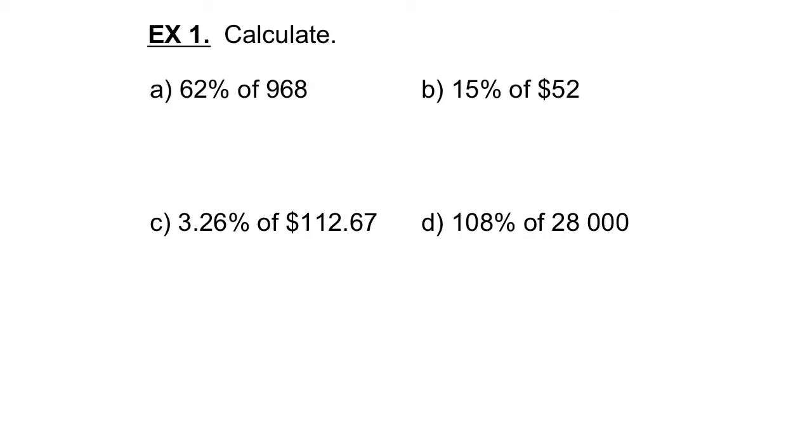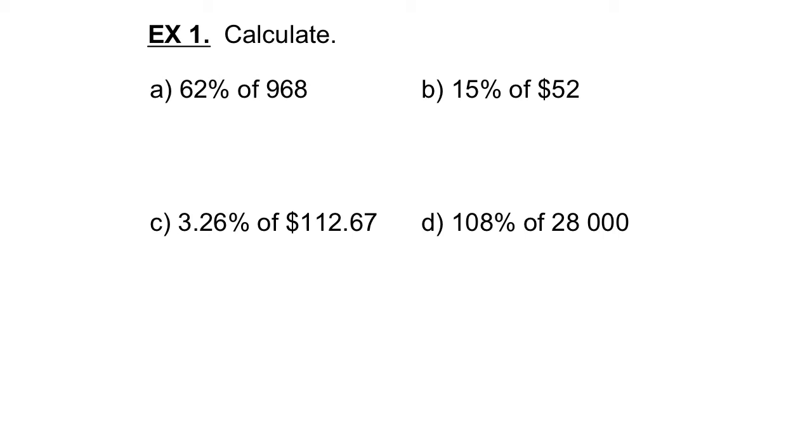We can work through some examples. In this example, we're going to calculate percent of a number. This is a very valuable skill to have, and a lot of people mess it up. First issue, let's say you're trying to find 62% of 968. A lot of people will just do 62 times 968, and they'll get a ridiculously big number.